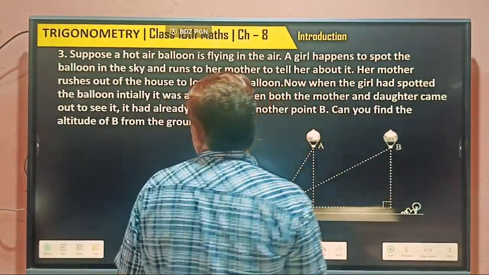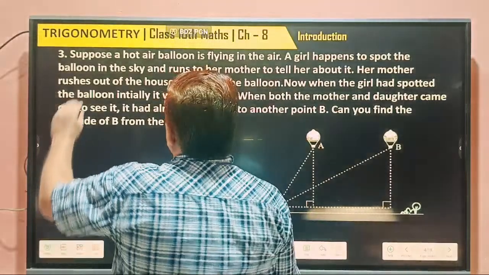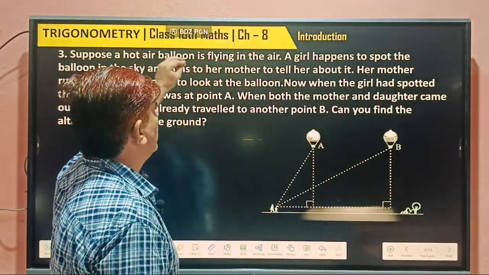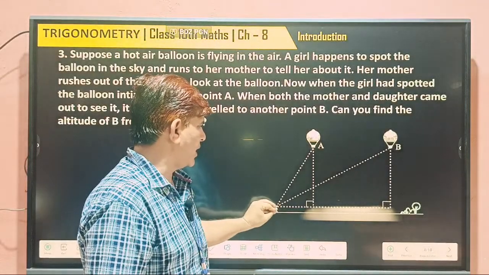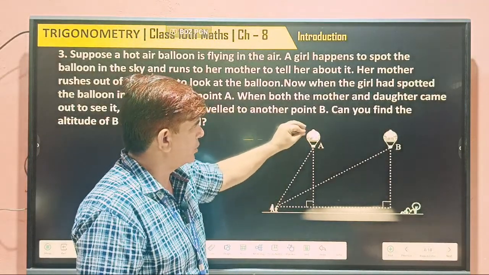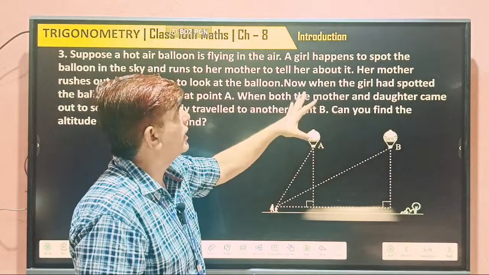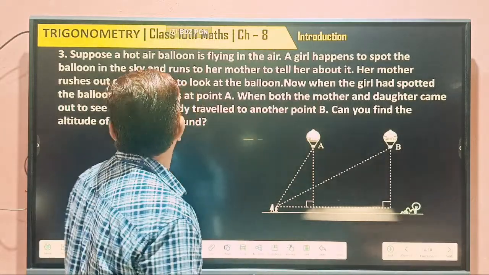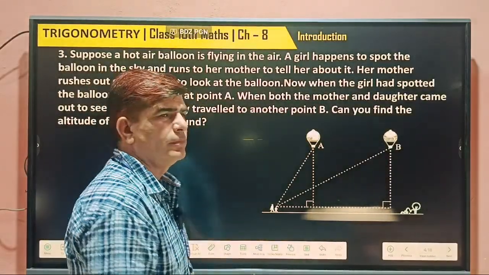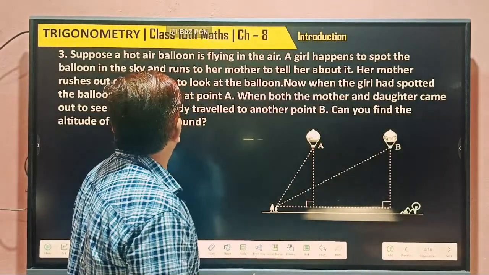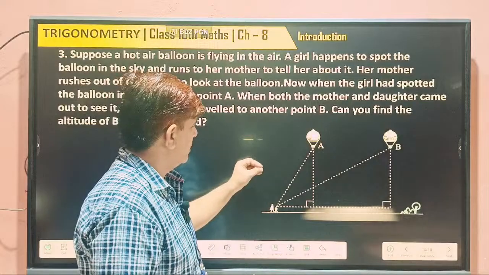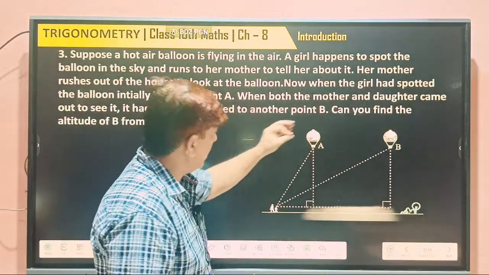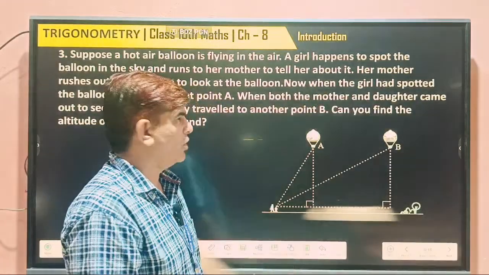And one more situation. Suppose a hot air balloon is flying in the air. This girl is standing here, and what is this balloon doing? Flying in the air. A girl happened to spot the balloon in the sky and ran to her mother. By chance, this balloon is going in the direction of the air.